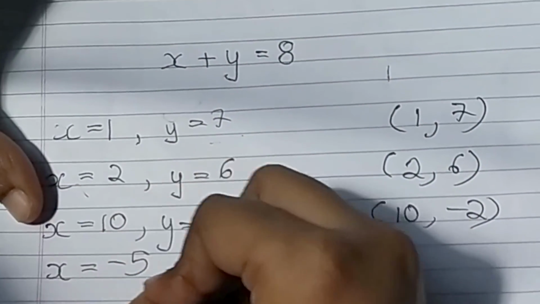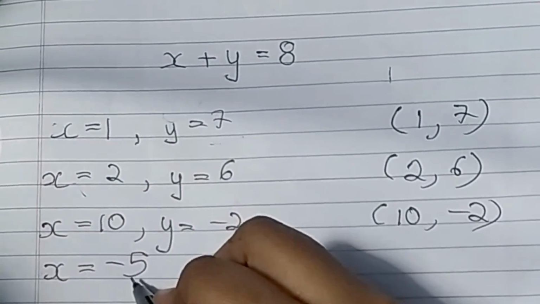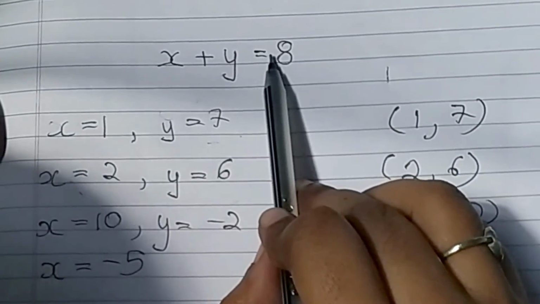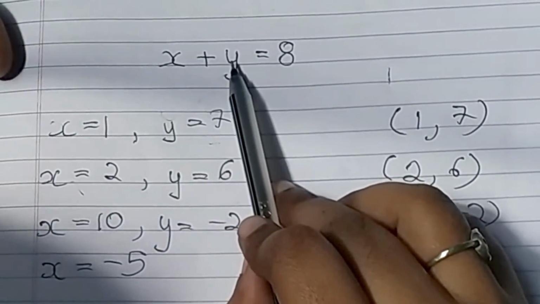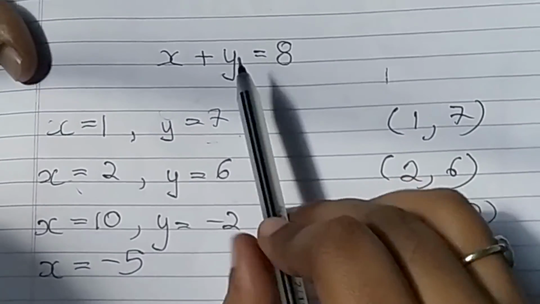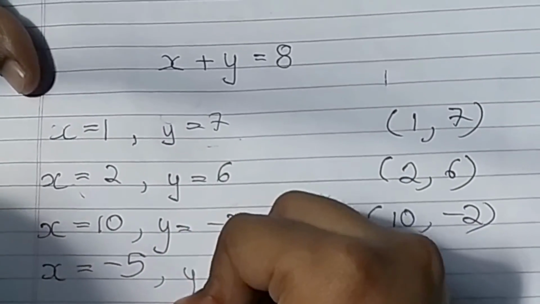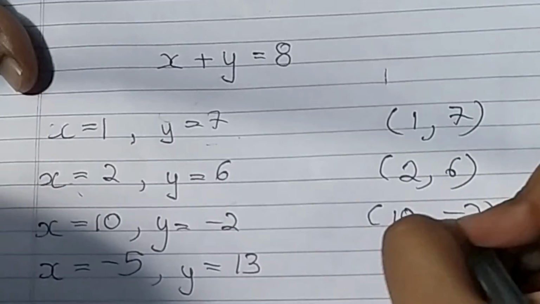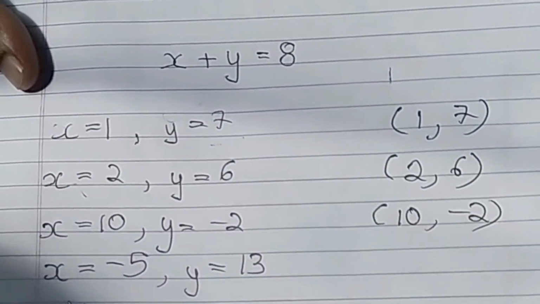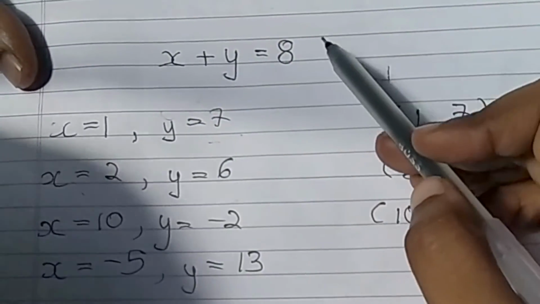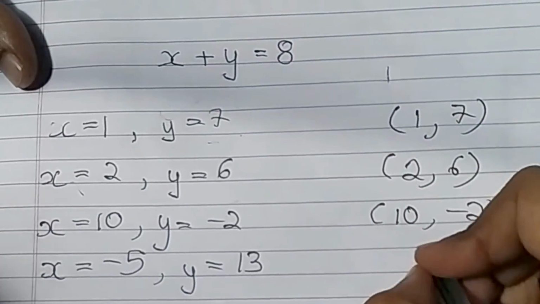Now if x is minus 5, then what number do we have to add to get 8? 13. So y will be 13. So x plus y will be 8. It will satisfy this equation.